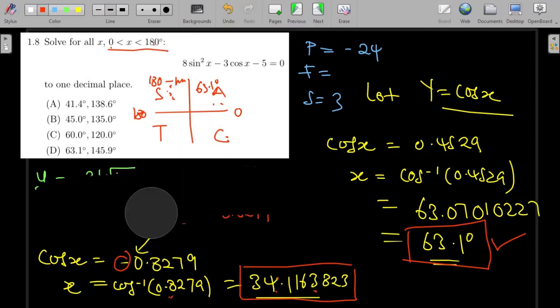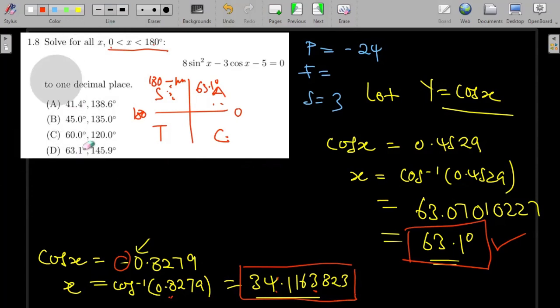So let's find it. My angle in the second quadrant, x, will be equal to 180 minus 34.116382.